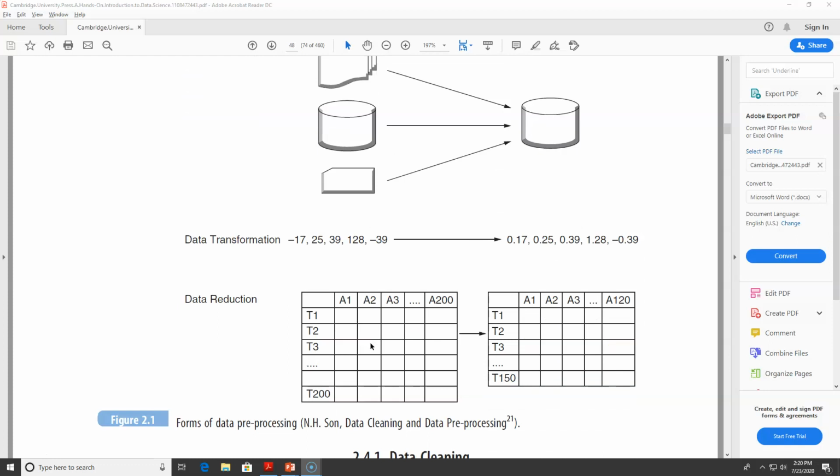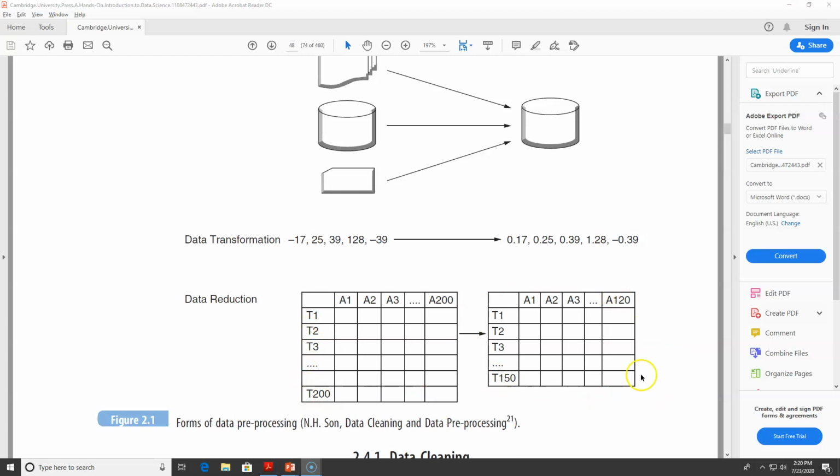The next example is actually about data reduction. Okay, so now you can see over here, as we already discussed, dimensionality reduction. There are a total of 200 attributes from A1 to A200, and a total of tuples from T1 to T200.